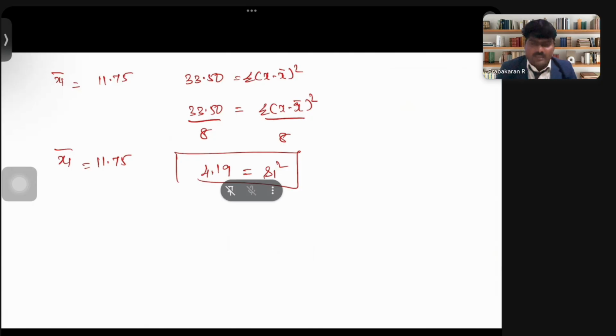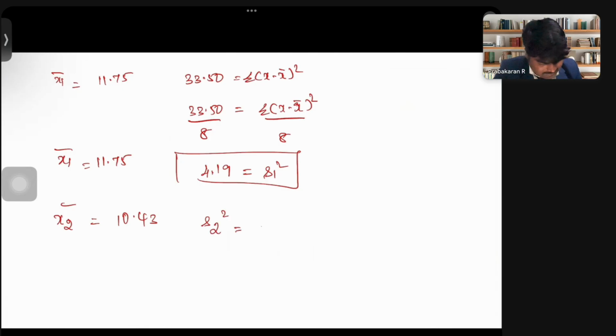The same way you can calculate x2 bar, the average of the second sample, which comes to 10.43, and the variance of the second sample is 3.39.